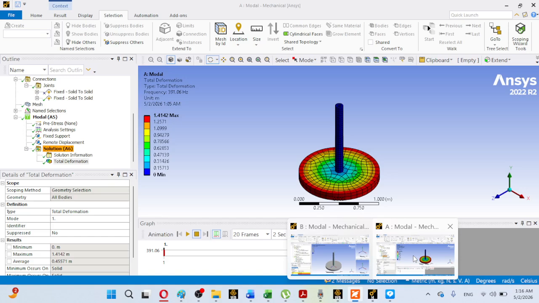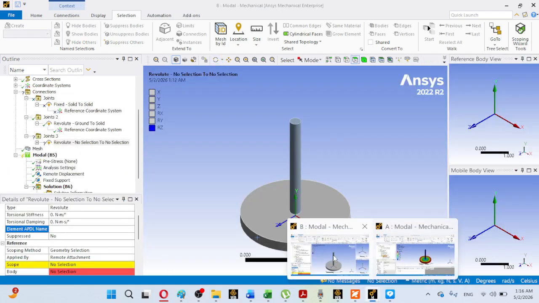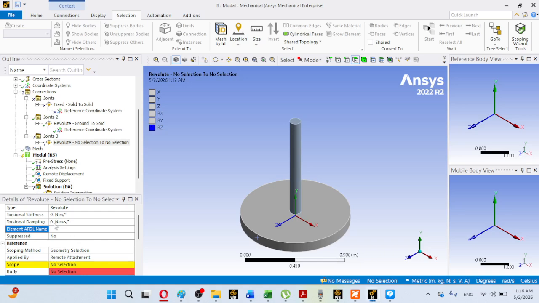Remember, whenever you are given a problem, you must input Newton meter per degree here, and Newton meter second per degree here, not in radian. By default these formulas give you values in radian, so you must convert them into degrees, otherwise you will obtain false results.